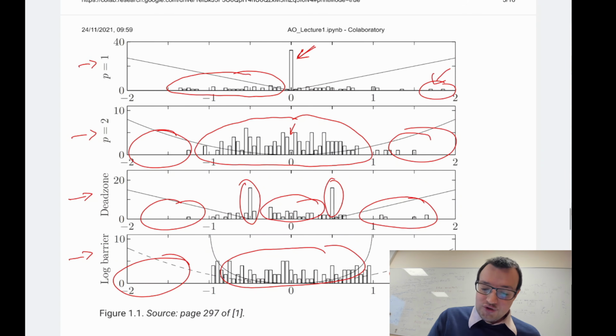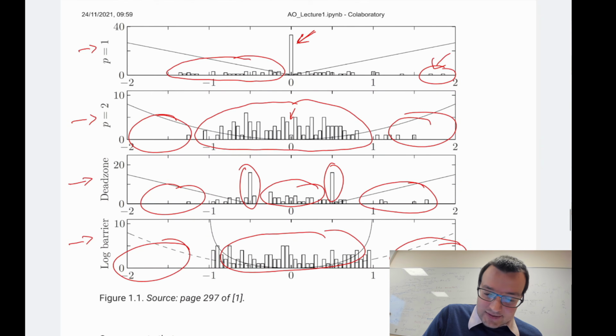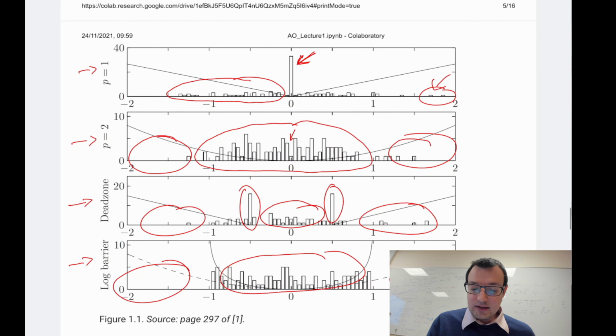Let's try to understand also why the L1 norm has this property of producing a large number of 0 residuals. Well, you can imagine that the way in which this function works is that it pushes the residuals towards 0 based on the slope of the penalty function.